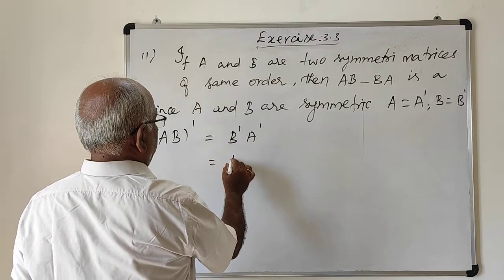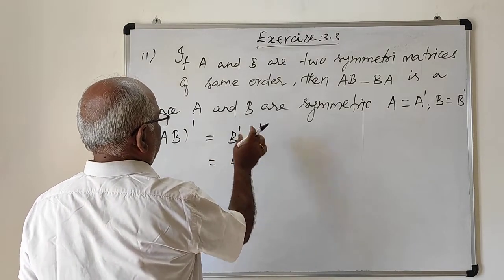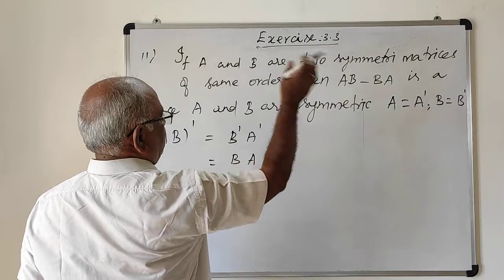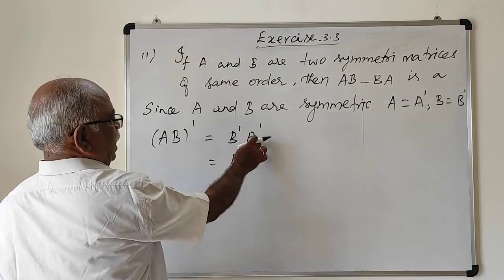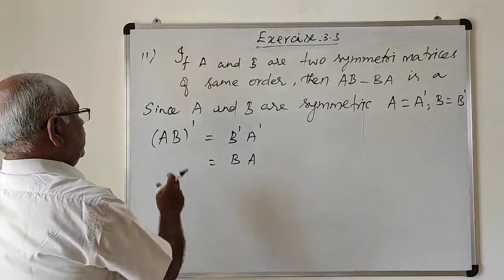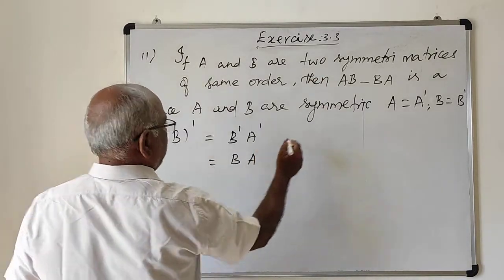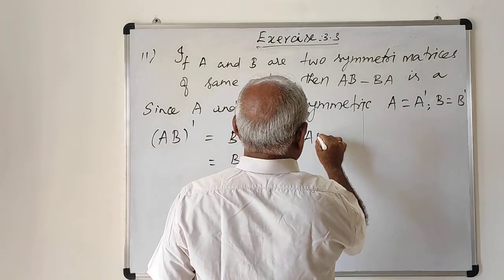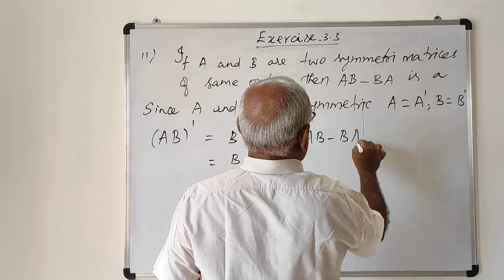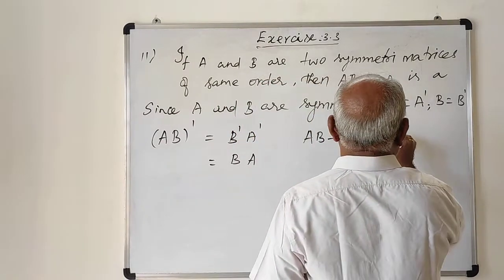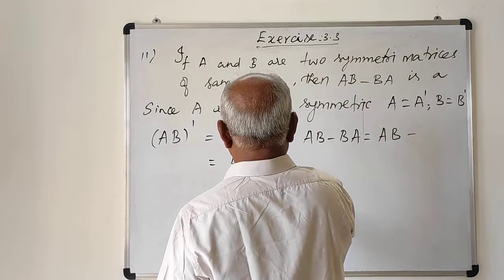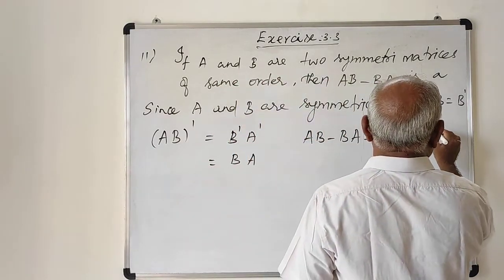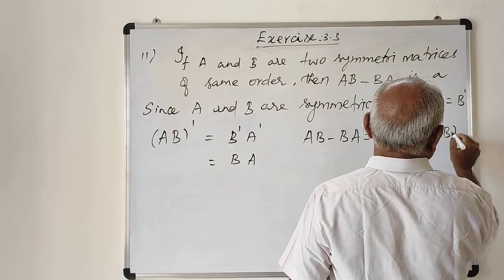B transpose is B, A transpose is A, because A and B are symmetric matrices. Therefore, instead of BA in the question, AB minus BA, I can write AB minus AB dash, AB transpose.